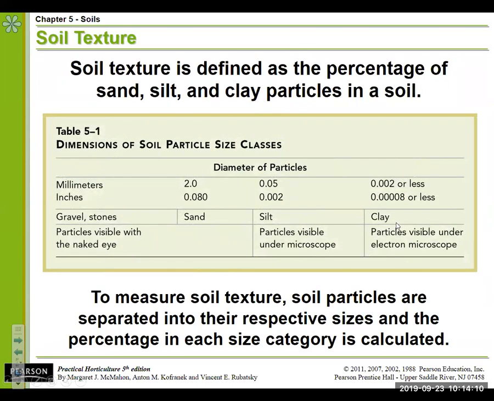All right, let's look at soil texture. So the texture is basically just looking at the structure of the soil itself. And we're talking about the structure as the percentage of the different particles in the soil. And it's all determined by the size of these particles.